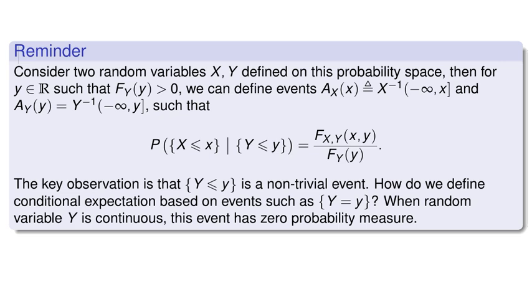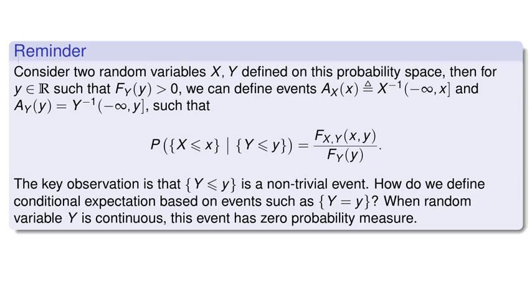Now let's pause and think. If we have two random variables, X and Y, on the same space, then for a value y such that the probability Y is less than or equal to y is positive, we can define the conditional probability that X is less than or equal to x, given that Y is less than or equal to y.